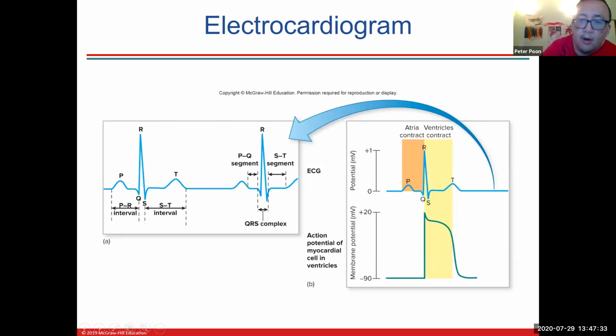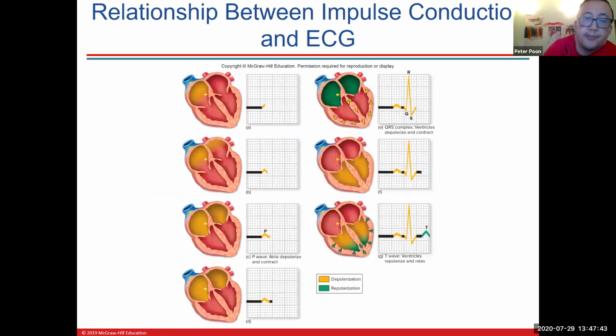Okay. So atria contract, ventricles contract. So you can see the relationship between the impulse conduction. Sorry, this is the P wave right here. This will cause a ventricular contraction.